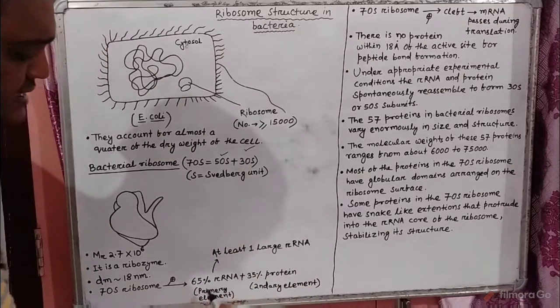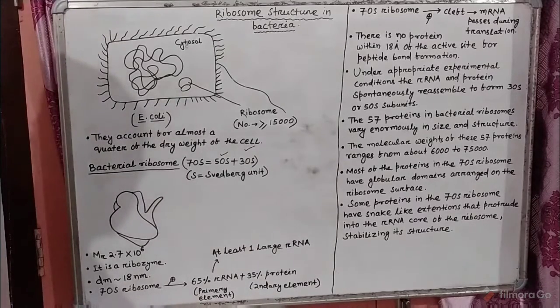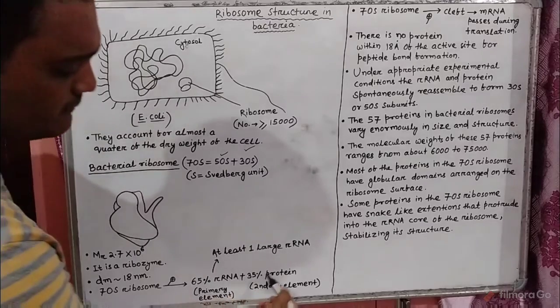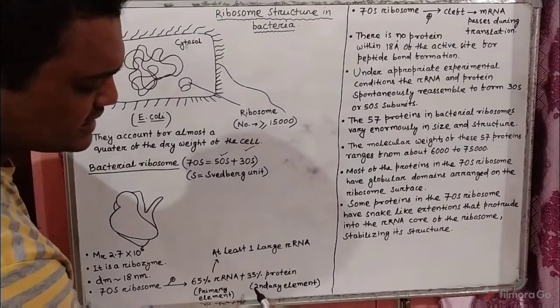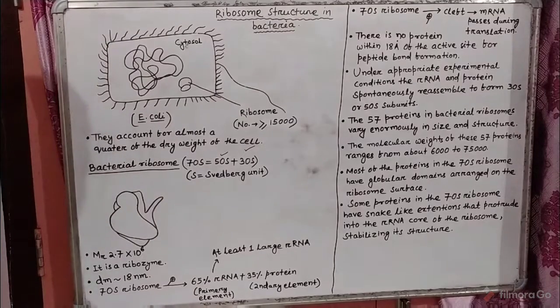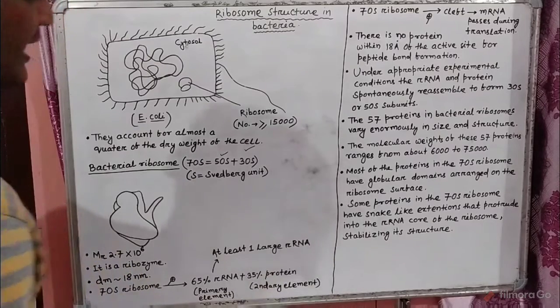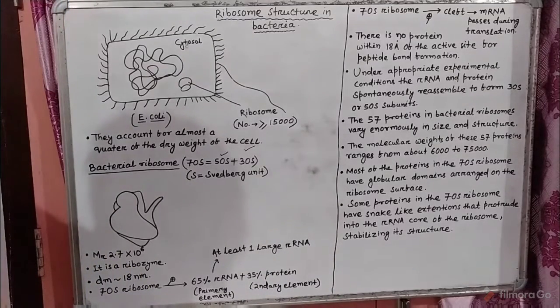The rRNAs act as the primary element in the ribosome, but the proteins act as the secondary element in the 70S ribosome. At least one large rRNA is present in the 70S ribosome.